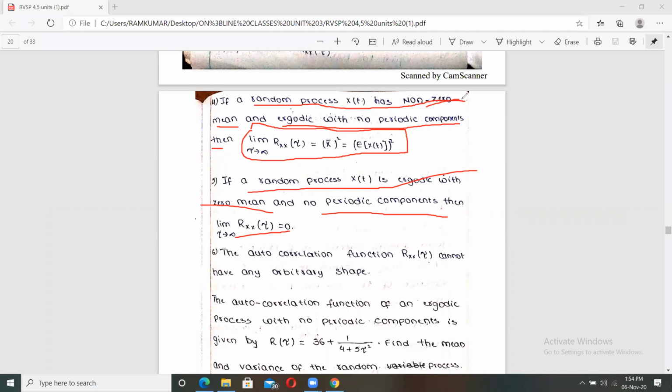Here is a non-zero mean and ergodic process. Here is a zero mean ergodic process with no periodic components. Then this is the formula, limit tau tends to infinity R of tau is equal to 0, whereas here limit tau tends to infinity R of tau is equal to E of x of t whole square.